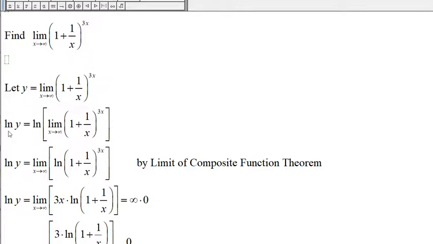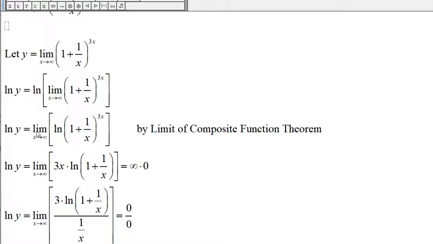Take the natural log of both sides. The natural log of the limit of this function is the same as the limit of the natural log of this function, and that's by the limit of composite function theorem.